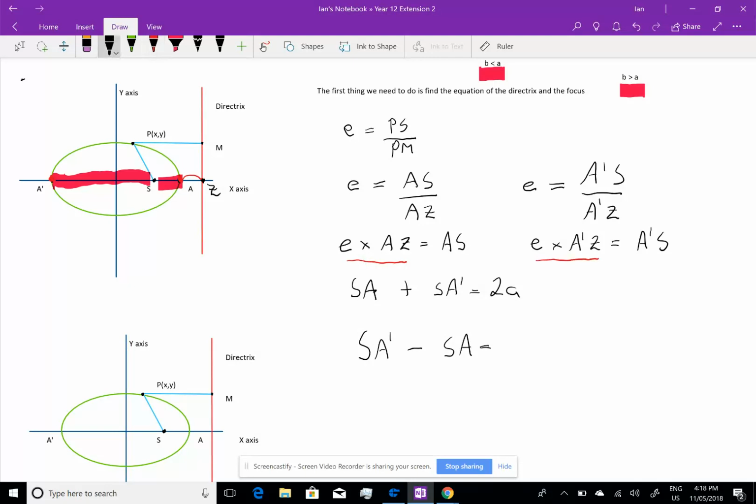So SA dash is E times A dash Z minus E times AZ. Well, we'll factorise out the E's and we'll get A dash Z minus AZ.